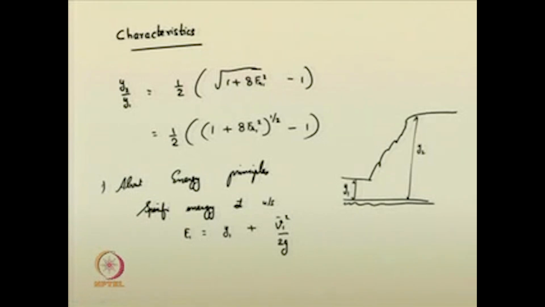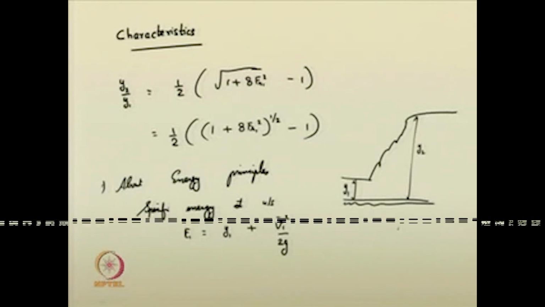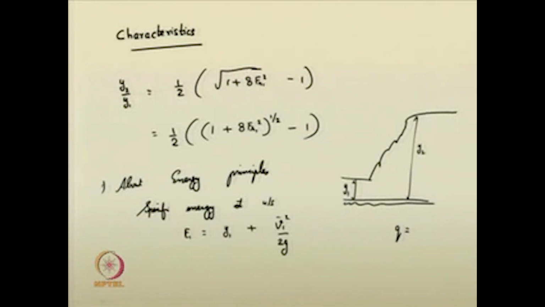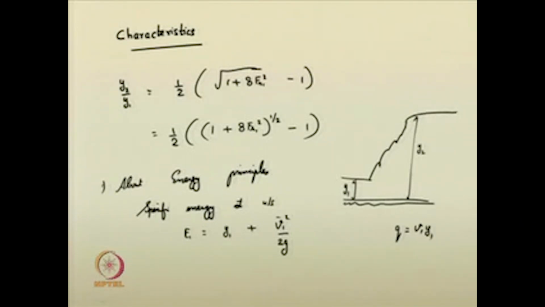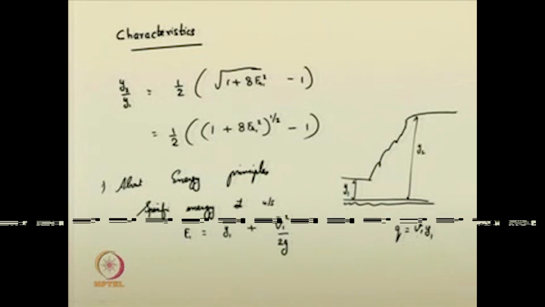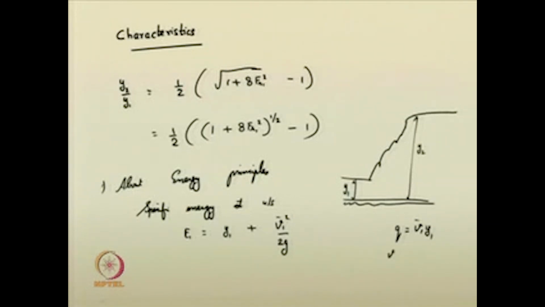Going back to the previous slide, if you recall, the discharge per unit width was given as q is equal to V1 into y1. Therefore, V1 is nothing but q by y1. That will be substituted here.